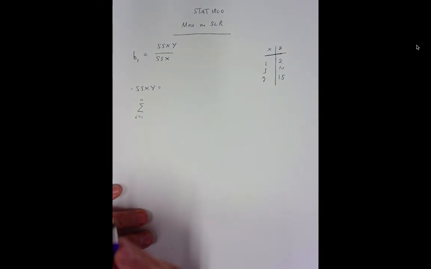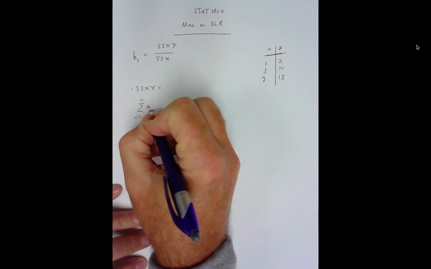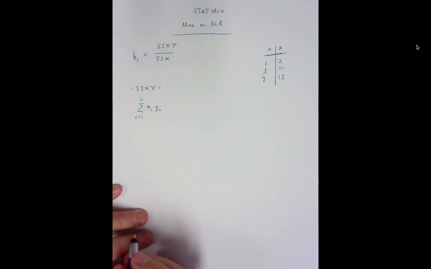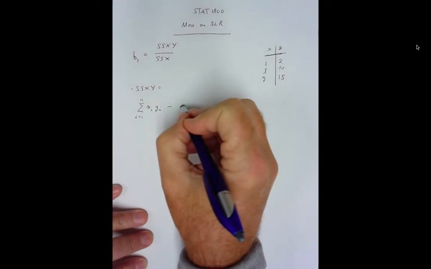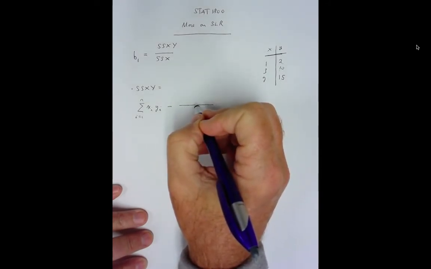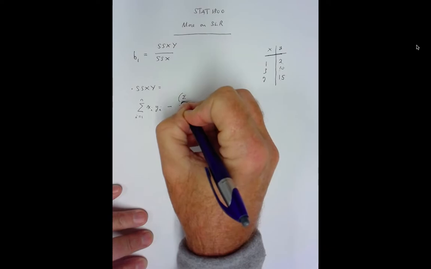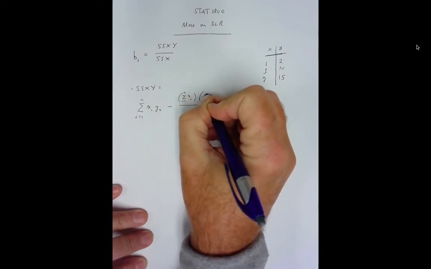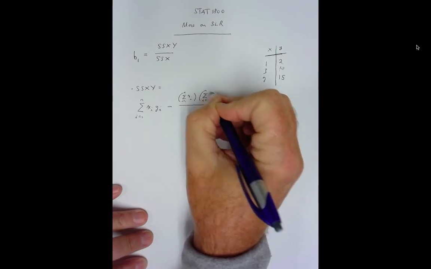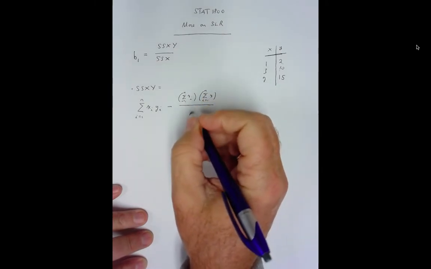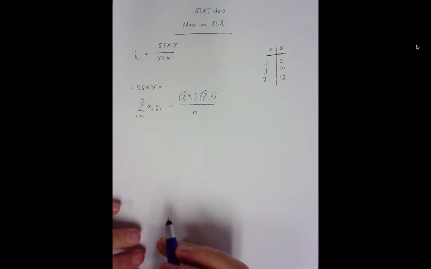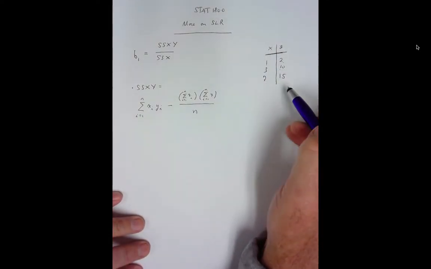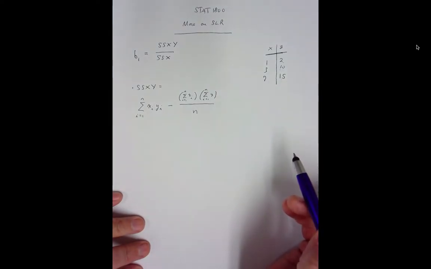And we would take the product of x and y minus the sum of the x's times the sum of the y's, divided by n. Now, I chose a small sample set for a reason, because these are really easy to create.